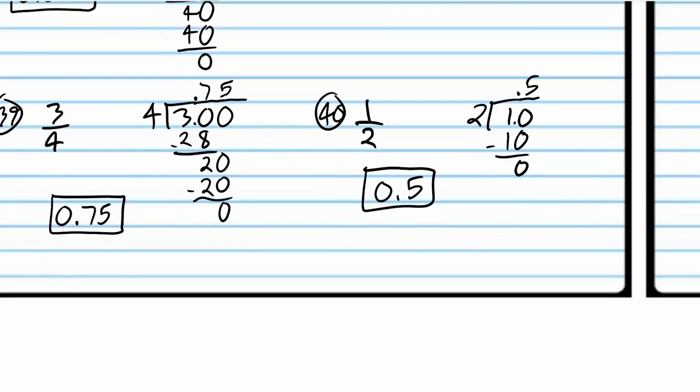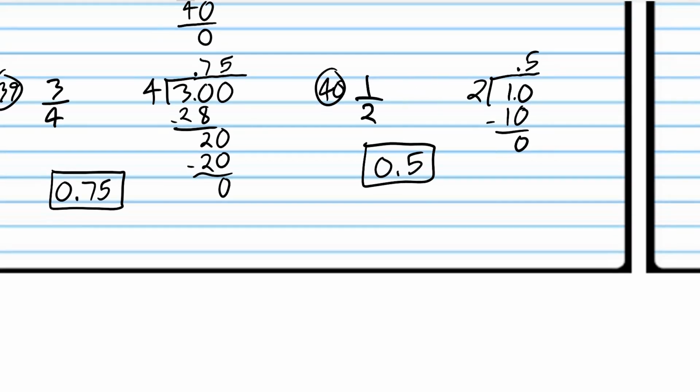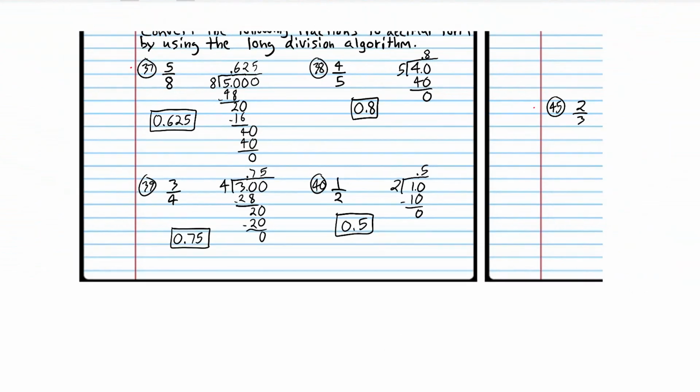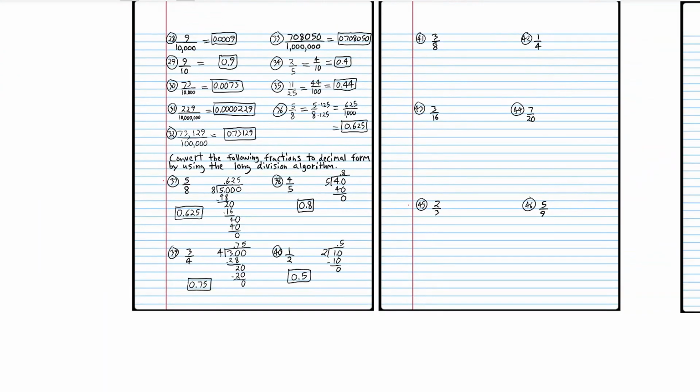Now, why is that? It's because if you multiply both sides of this fraction by 5, you get 5 over 10. 0.5 is 5/10. But again, you don't have to think about that. You just have to use this long division algorithm to convert fractions to decimals.